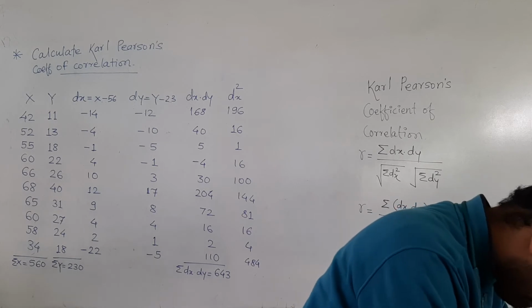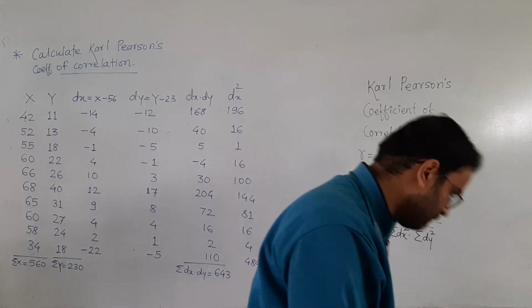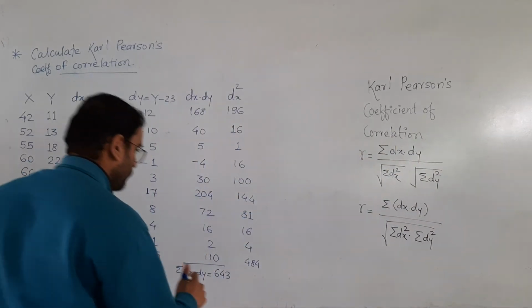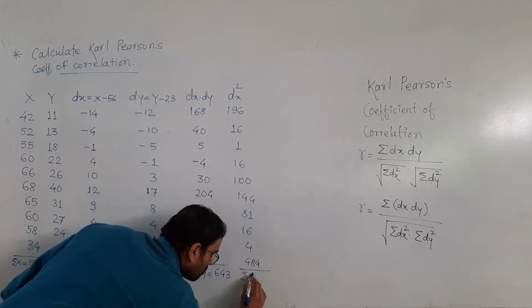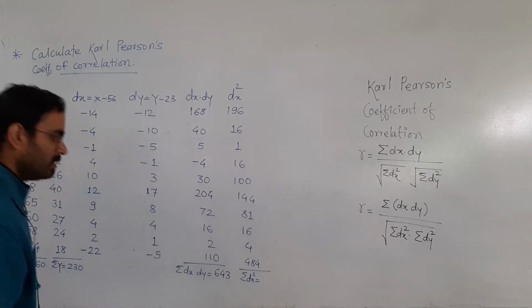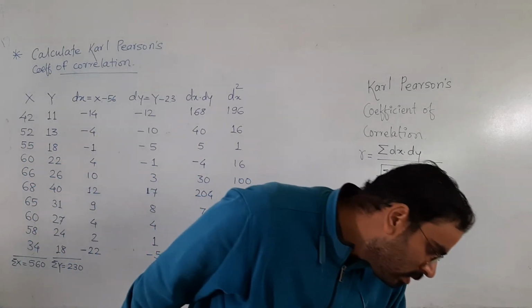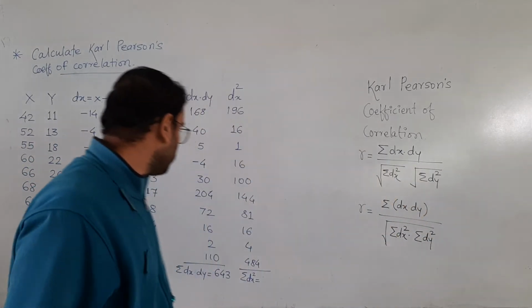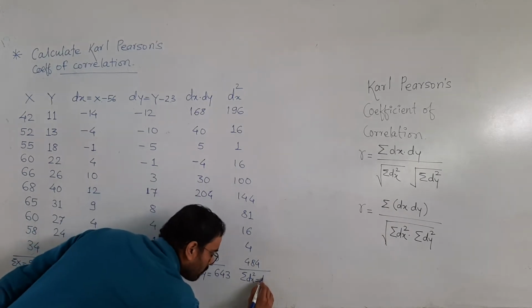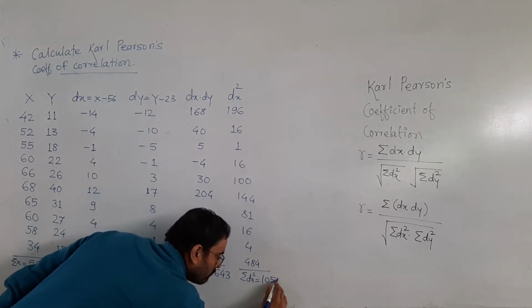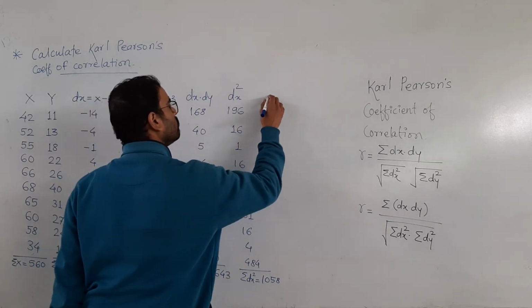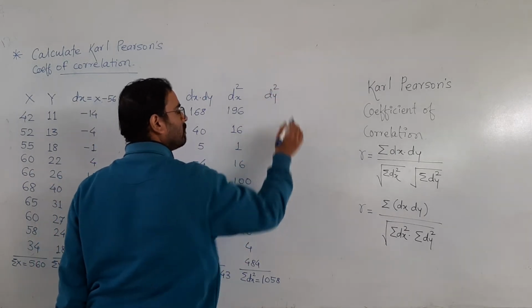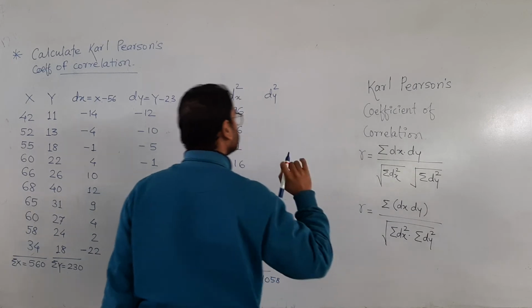So just make the sum of it, so we will get the summation dx square. Summation dx square is 1058. Just calculate it on your own. 1058. Okay.